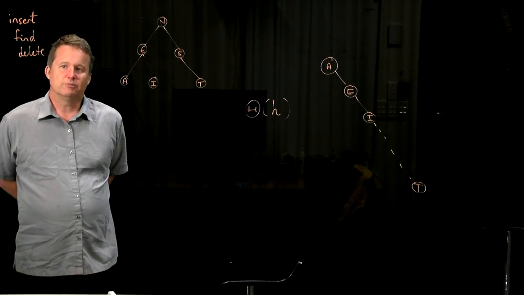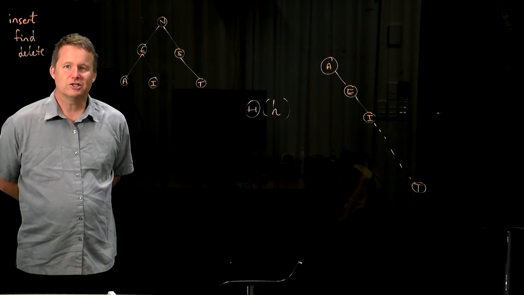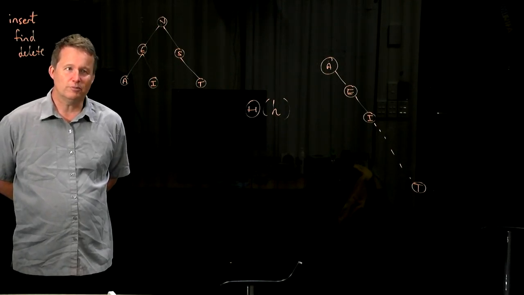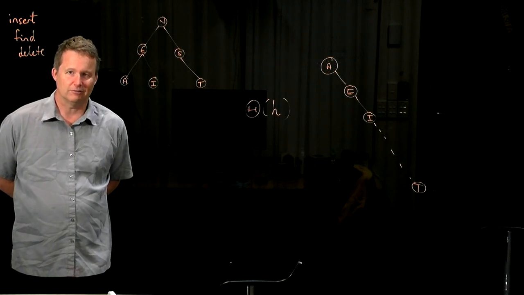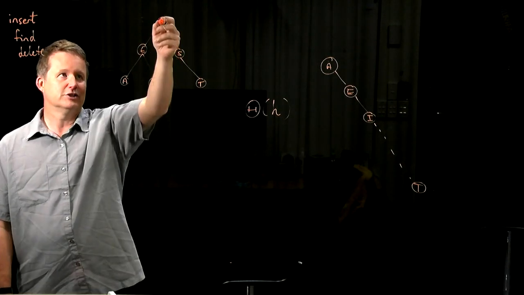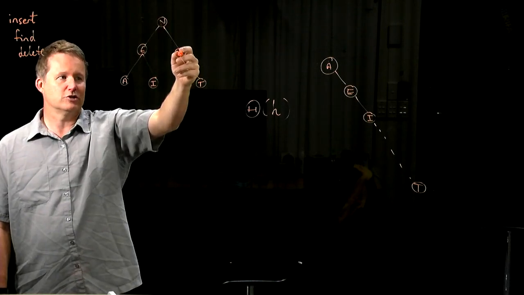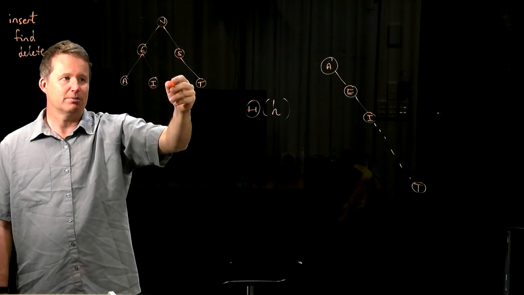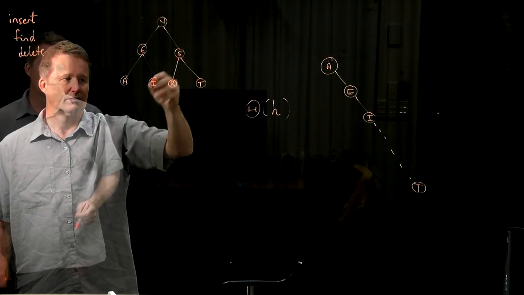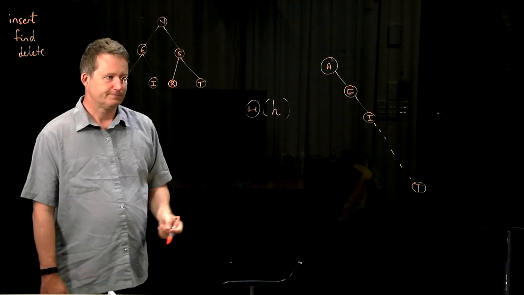Start with insertion because it's easier. If you want to insert something that's not in the tree, you use find to find where it would be if it were there, and then you put it there. In this tree, if I want to insert the letter R, I just branch to where it should be. There's a gap, so I put it in. I can always do that.